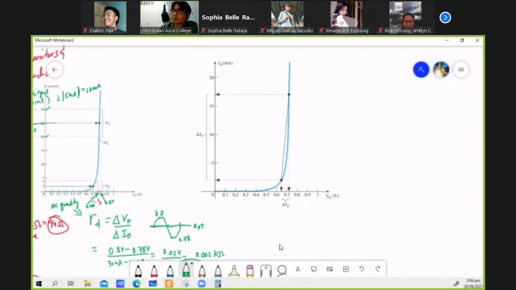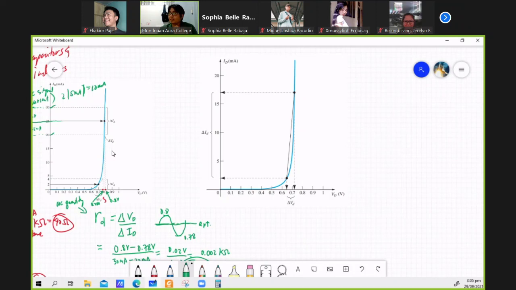Okay, what if ang input mo is still AC pa rin, pero sobrang laki? Unlike nito, no? Meron tayong delta ID, pero maliit lang yung change. At meron tayong corresponding na change sa VD, maliit lang. So we call that dynamic resistance, dynamic or AC resistance. Ito naman, ang tawag dito is average AC.